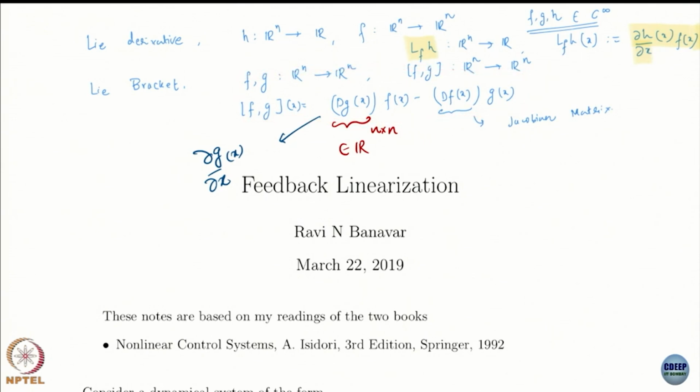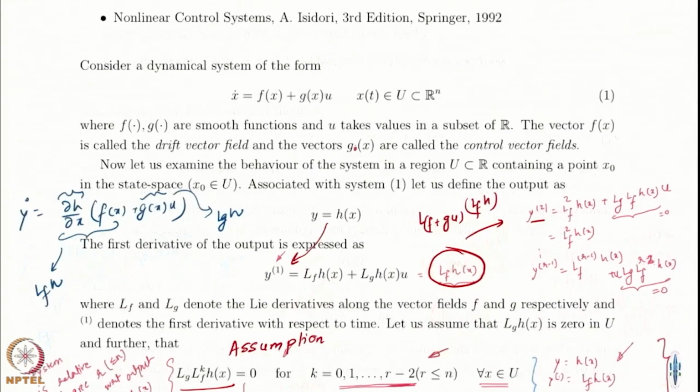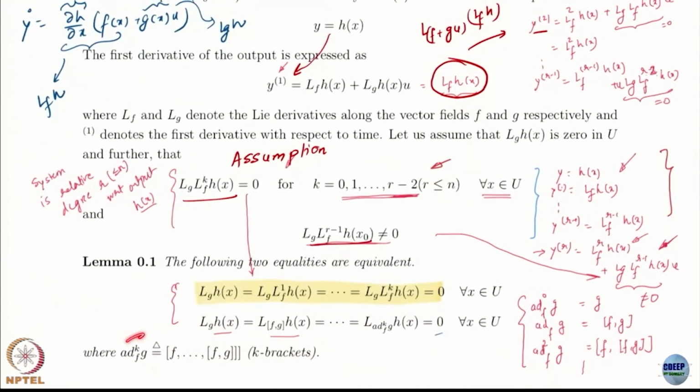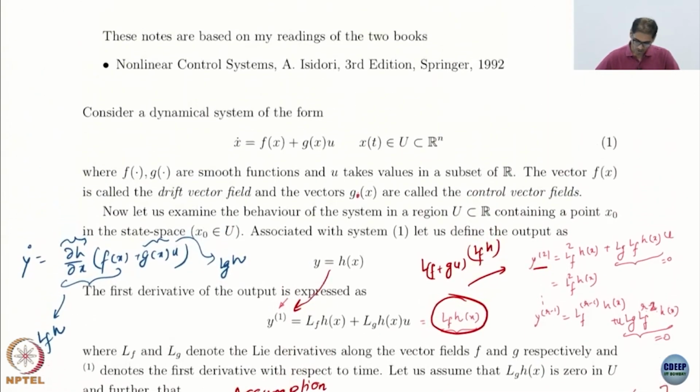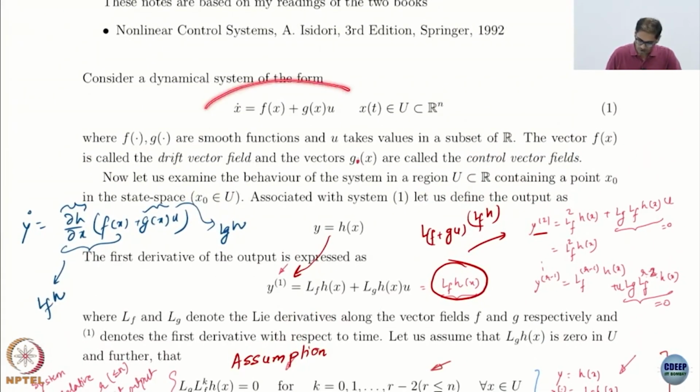It's like DGF minus DFG, this kind of an operation. And then there was of course the ad notation, which is basically just a different way of writing iterated Lie brackets.